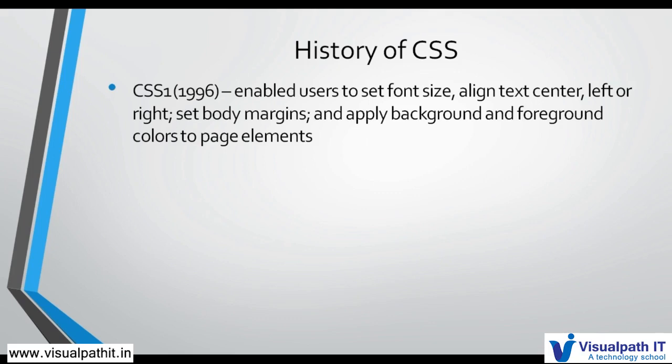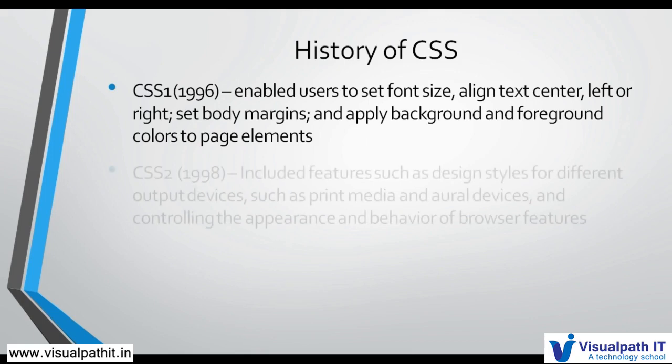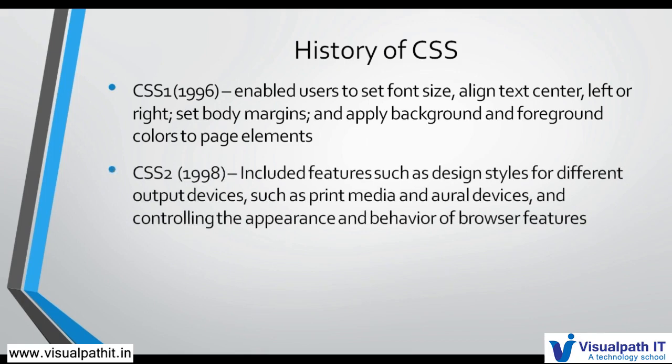It was done in 1996. Later on, in 1998, CSS2 was introduced, including features such as design styles for different output devices such as print media, and controlling the appearance and behaviors of browser features.